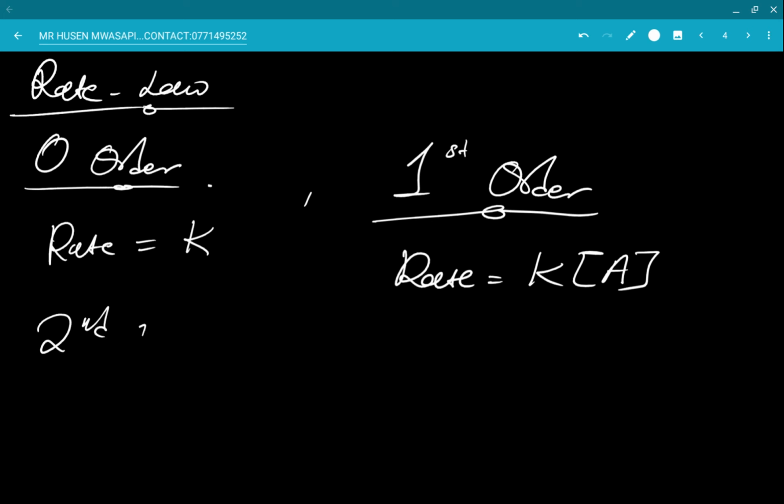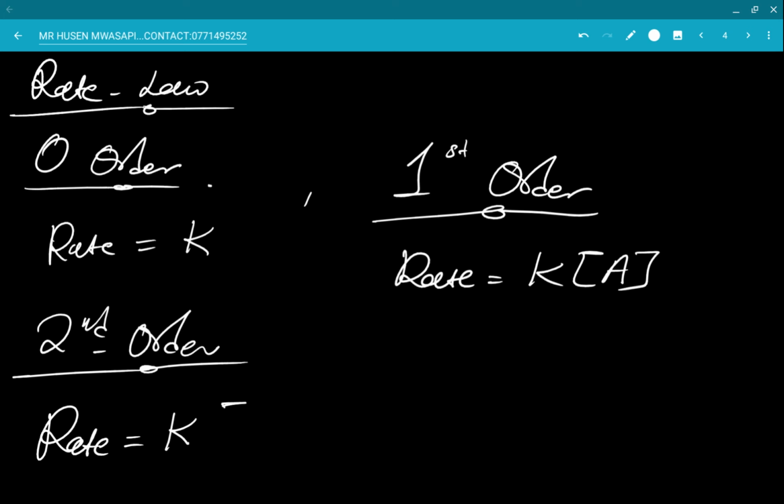Then for a second order, rate is equal to K times the concentration of the reactant squared. Now, why is this important? Remember, we're looking at integrated rate laws.